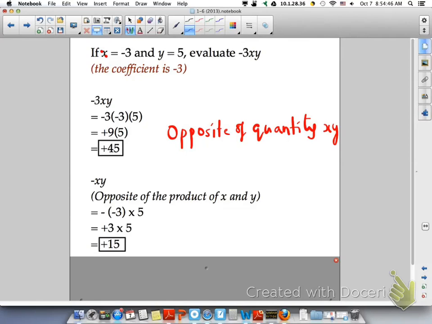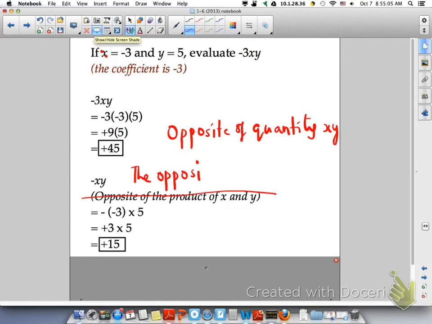Now, what you're saying is the same as what I've written here. In the work, it's correct. It's okay, I'm going to strike this out. So how I should write this is the opposite of x times y.